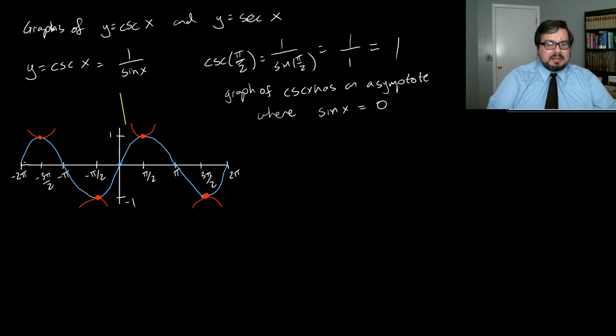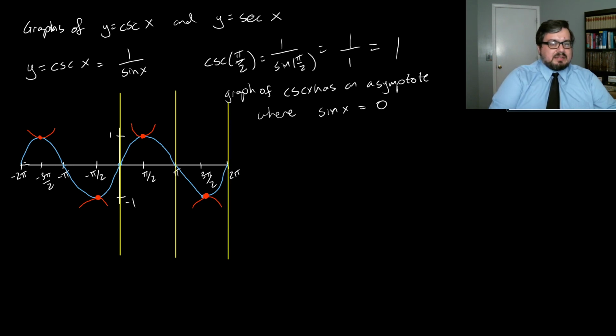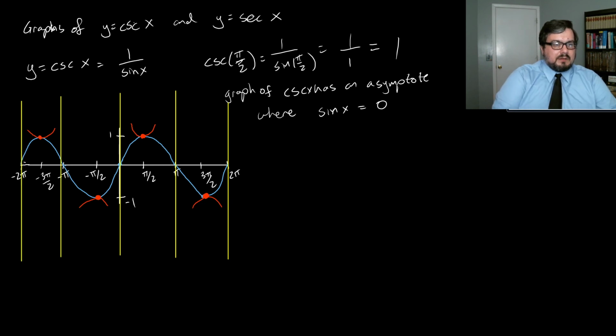So we get an asymptote at 0, at pi, at 2 pi, at negative pi, anywhere that sine is equal to 0.